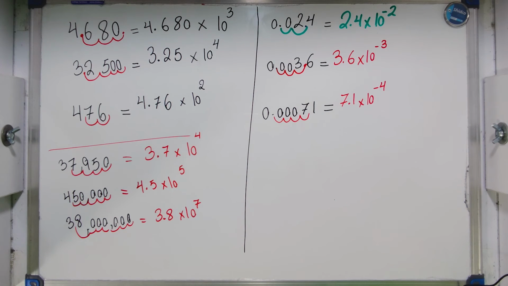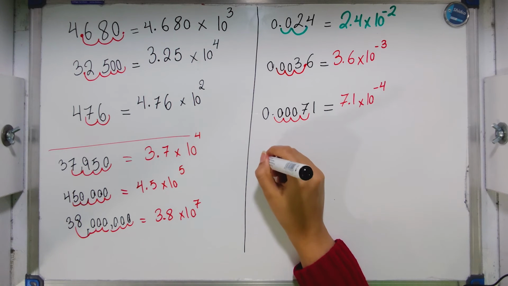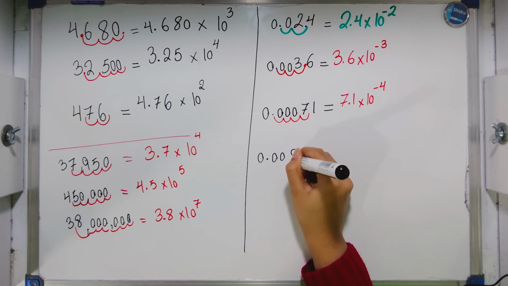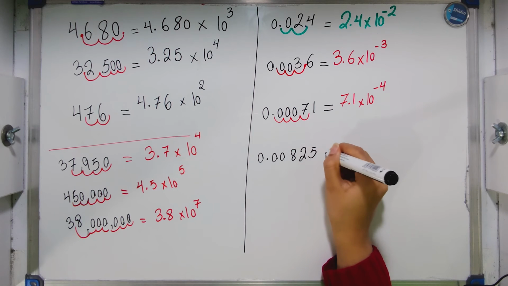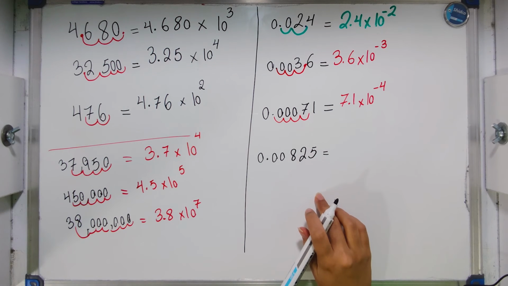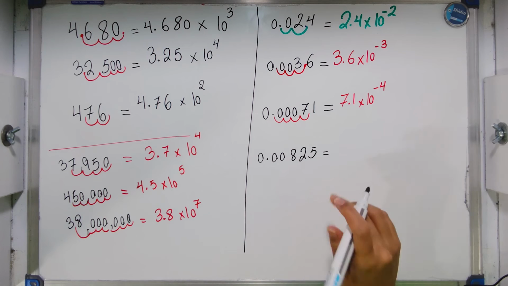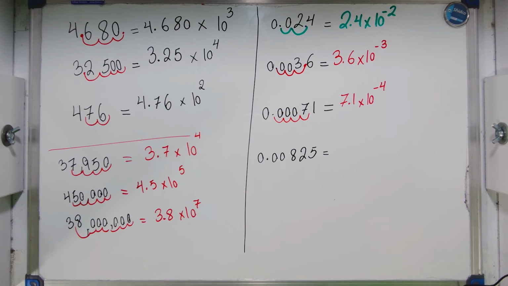But let's try another example. What would happen if we have a number like that? I have, for example, 3 non-zero digits. So, guys, I told you that you are supposed to put the decimal between the first two non-zero numbers, okay?